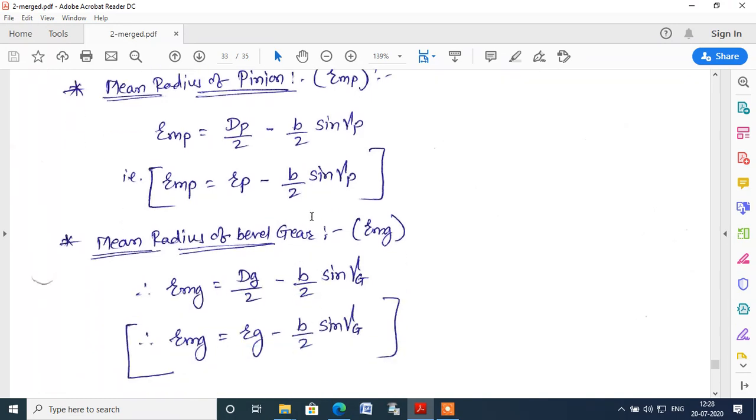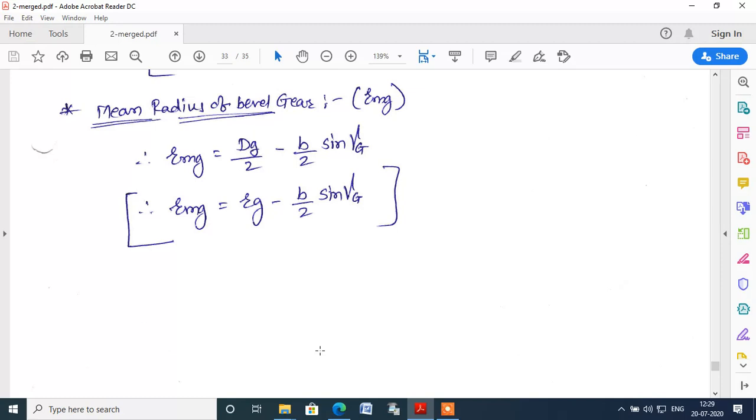Here the mean radius of the bevel gear is RMG, which is equal to dg by 2 minus b by 2 sin gamma. What is dg by 2? It is nothing but rg, so Rg minus b by 2 sin gamma. These are the various formulas for the bevel gear.